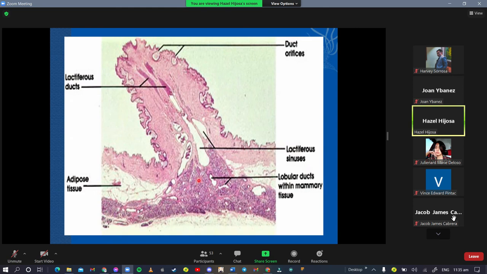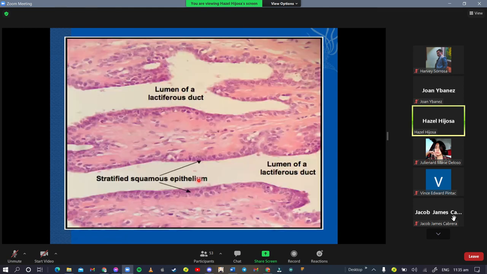Your lactiferous duct is lined by what type of epithelium? Obviously, stratified squamous epithelium. However, the lactiferous sinus is lined by what type of epithelium? The expanded portion, yes.